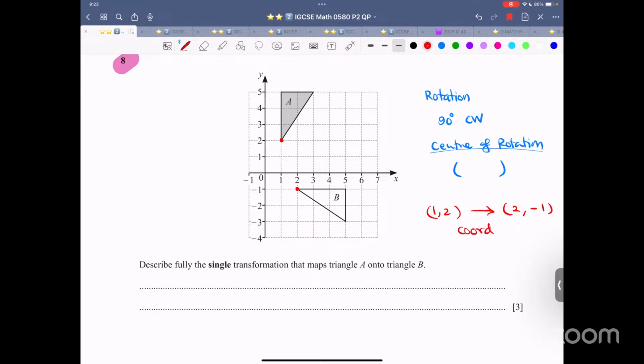The coordinates flip and new y coordinate changes sign. That is the property for 90-degree rotation. Since they are flipping and they're not increasing or decreasing, therefore the center of rotation is the origin. Keep that in mind.